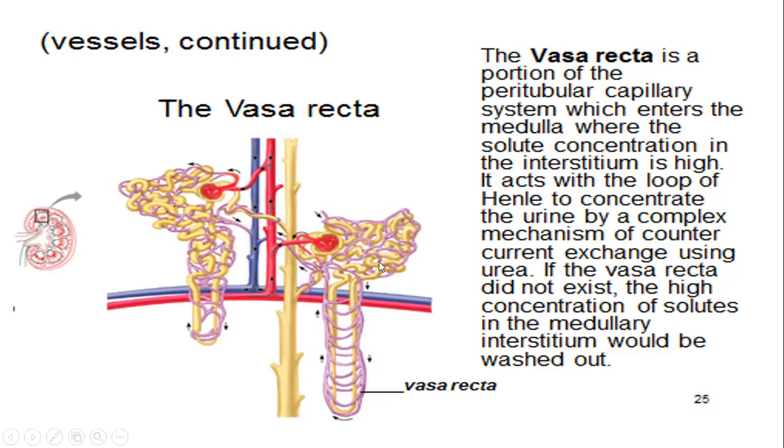It has got the peritubular capillary and the Vasa recta below. So, like I said, the peritubular capillary is found in the cortex, while the Vasa recta is found deep down in the medulla, and is responsible for keeping the interstitium of the medulla concentrated. That's the purpose, and hence helps us to make either dilute or concentrated urine, depending on the conditions.